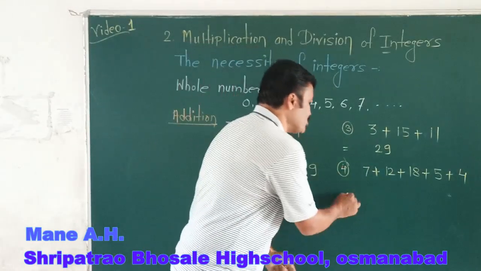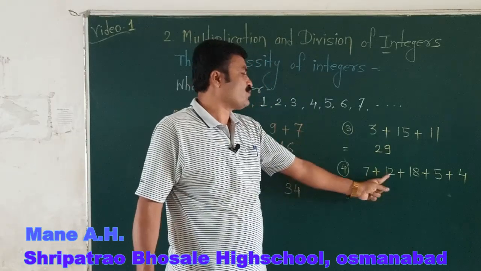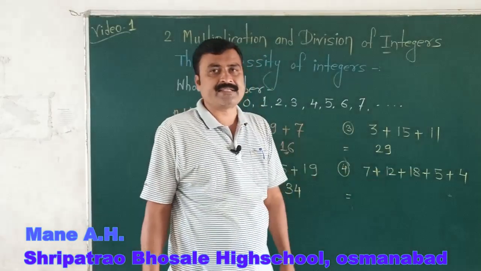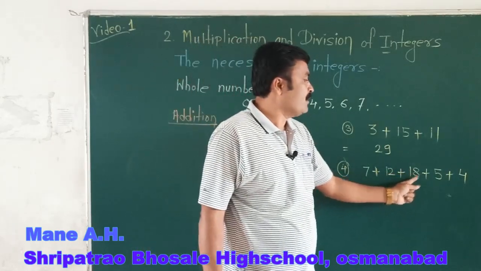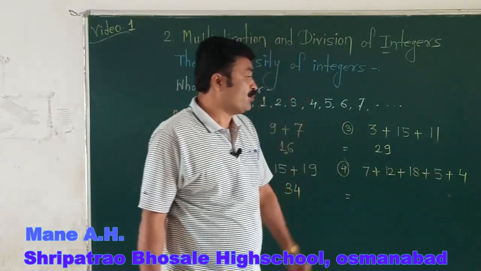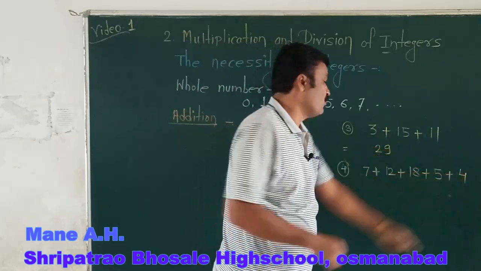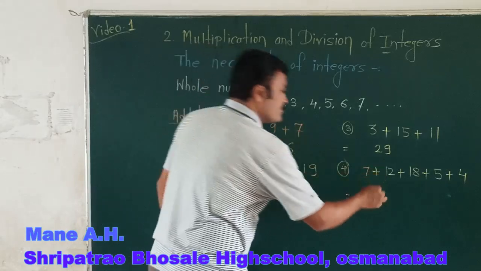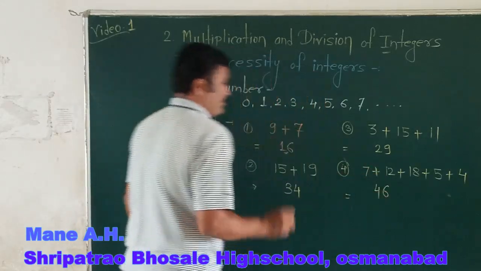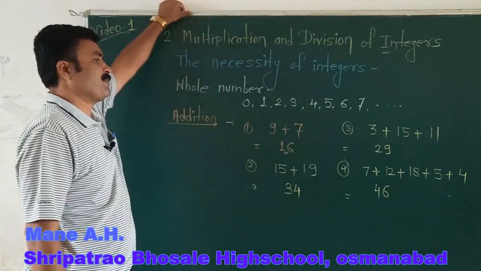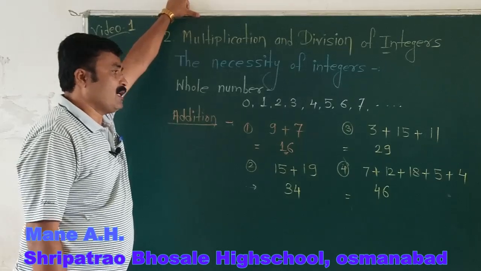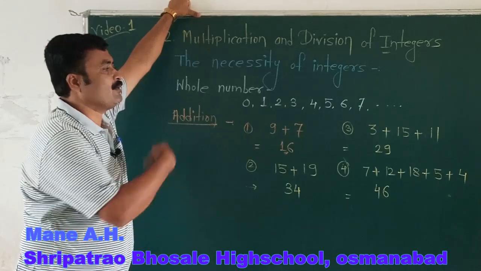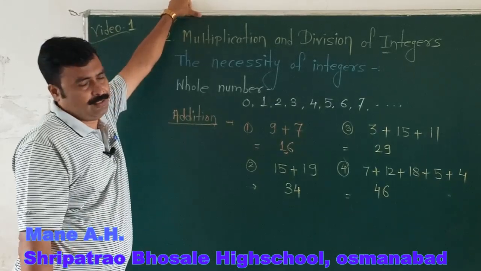If you add all these, 7 plus 12 is 19, 19 plus 18 is 37, 37 plus 5 is 42, 42 plus 4 is 46. So this 46 also belongs to the group of whole numbers.